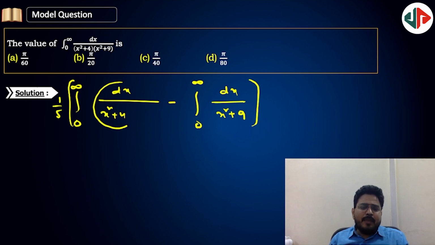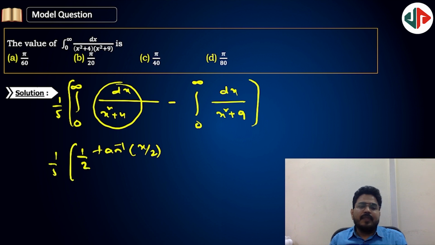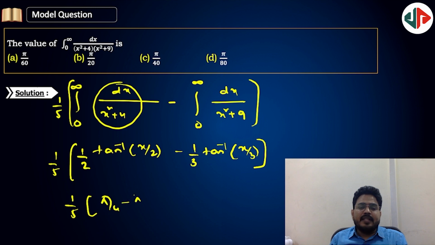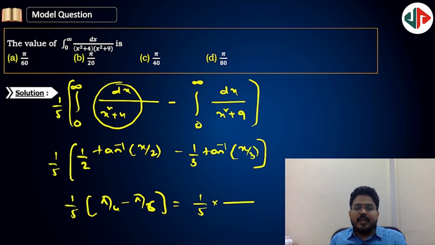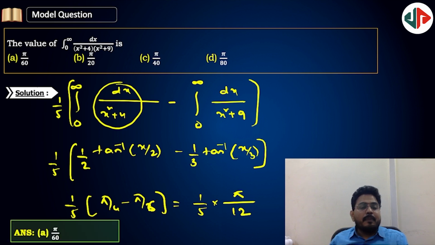So this value will be 1 by 5 tan inverse of x by 2 minus 1 by 3 tan inverse of x by 3. So this is equal to 1 by 5 into, when you substitute, pi by 4 minus pi by 6, which is equal to, LCM is 12, so 1 by 5 into 3 minus 2 pi by 12. So the answer is pi by 60.